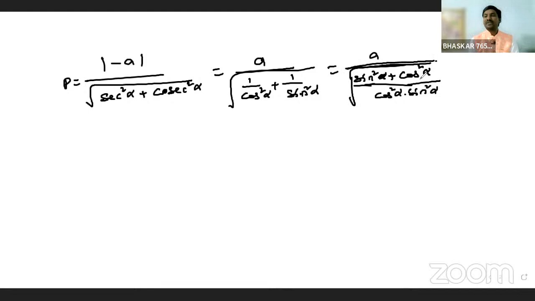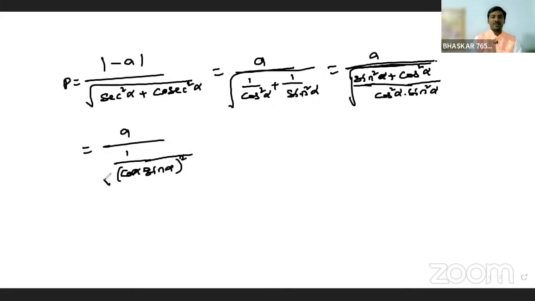Sin square theta plus cos square theta equals 1, by the identity. So 1 divided by cos alpha into sin alpha, whole square, under the root.